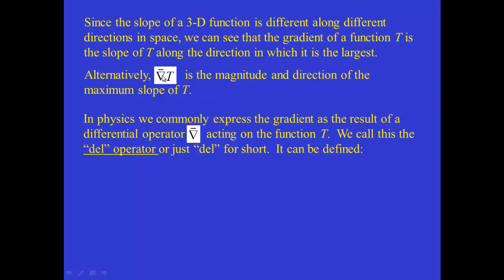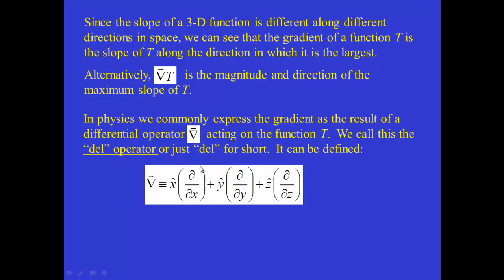So even though we define this del t as a single symbol, we can unpack it and regard it as the result of a differential operator del acting on the function t. And this del we call the del operator, or just del for short. We can define it in order to make sense of this expression, the gradient of t. We define the del operator as a vector whose components are derivatives with respect to x, y, and z.